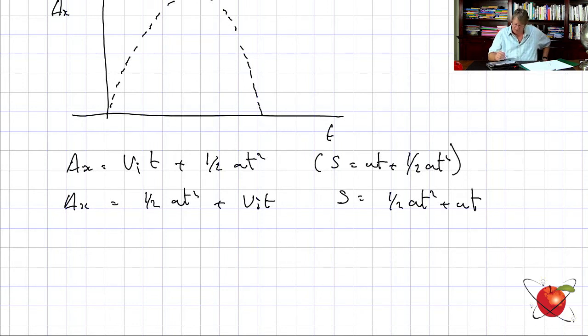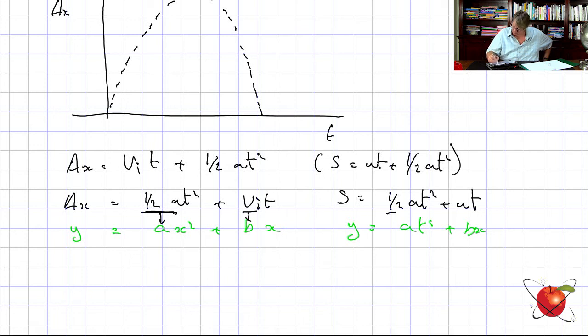Now, can you see the similarity with this following format? y is equal to a x squared plus b x, where the coefficients, in fact, are a half a and v_i, or a half a and u in this case, all right?